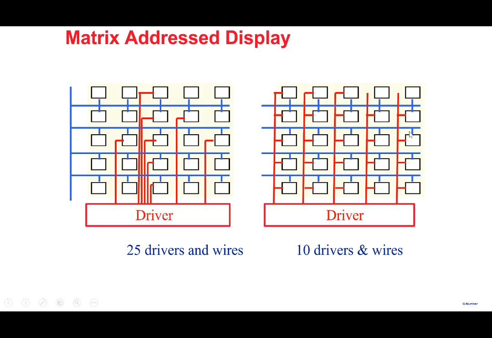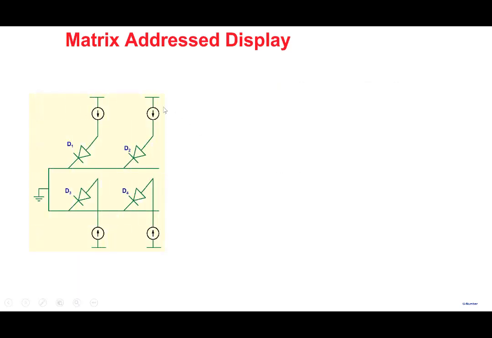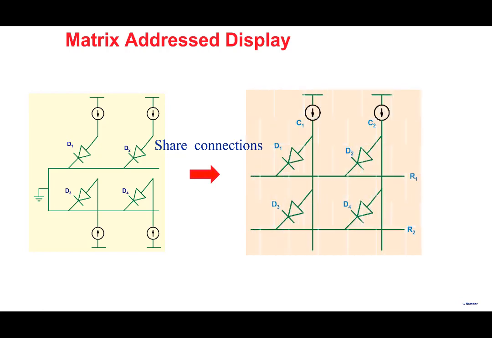So all complex displays are arranged in the form of a matrix, and the elements share rows and columns. Let's look at it in a little more detail. This was a direct addressed, simple 2 cross 2 LED display. Each individual LED has its own connection. But now we are going to arrange them in rows and columns and share connections.